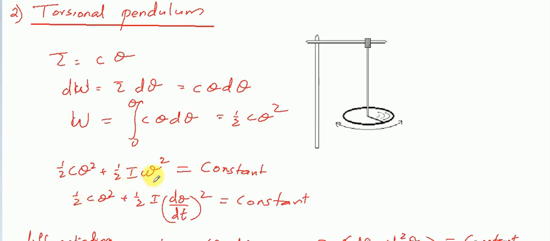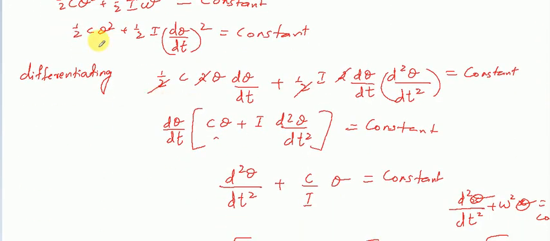Now in half I omega square, omega can be replaced by the equation. We know that angular velocity is equal to d theta over dt, the rate of change of angular displacement. Now differentiating this equation, half c times the differential of theta square is 2 theta d theta by dt, plus half I times the differential of d theta by dt square is 2 times d theta by dt times d square theta by dt square, equal to constant.